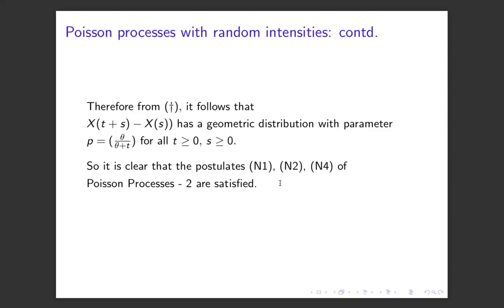So when we started with Poisson processes, the postulates N1 to N6, you can notice that N1, N2, and N4 are satisfied.